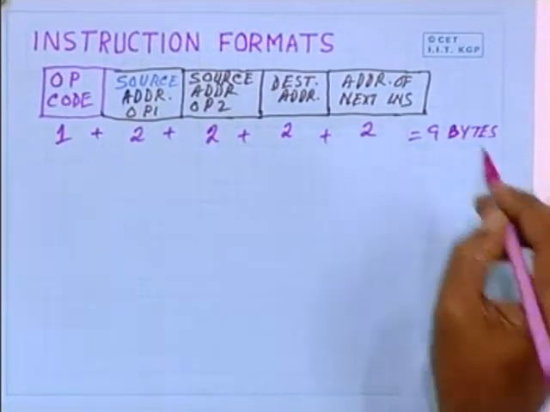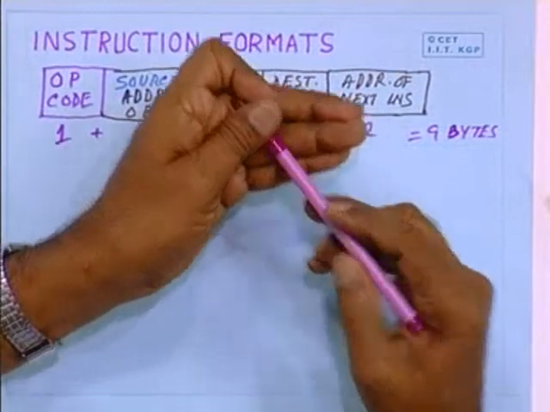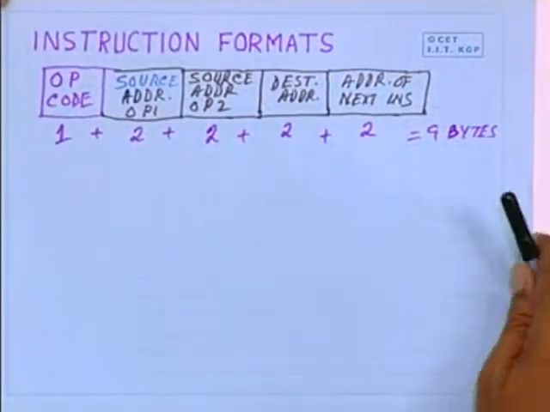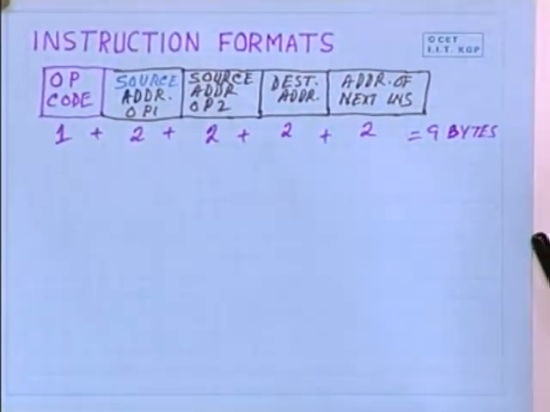So you will require 9 bytes to store just one instruction. Obviously, it will occupy a very large memory whenever you are storing a big program comprising several instructions.